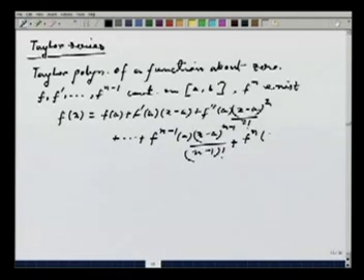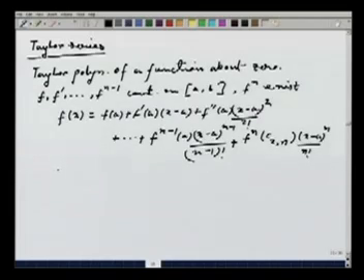Instead of a, here we have c, which certainly depends on x. It will also depend on n, times (x minus a) to the power n by factorial n. This is the Taylor polynomial about a.